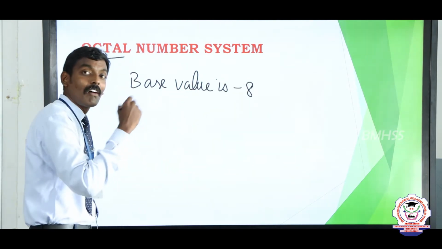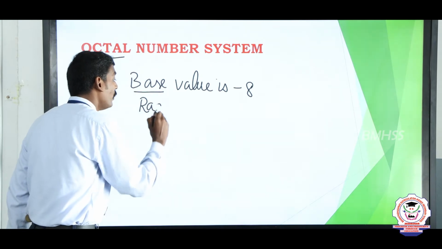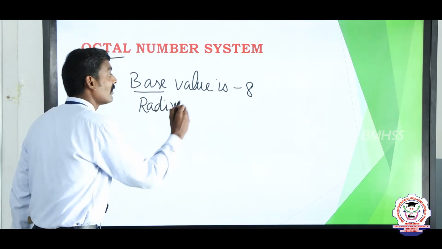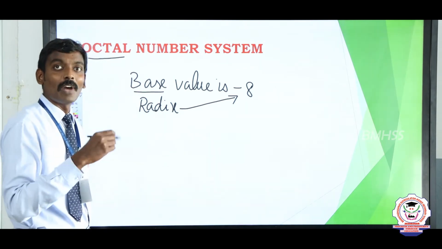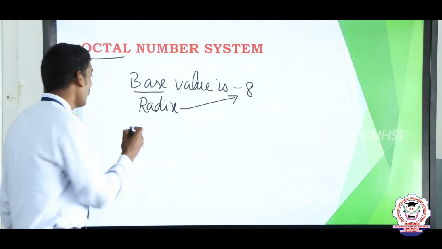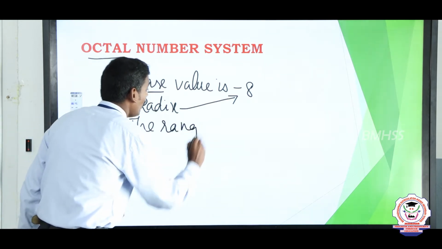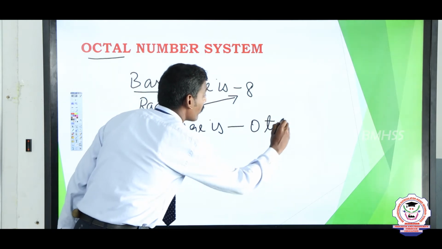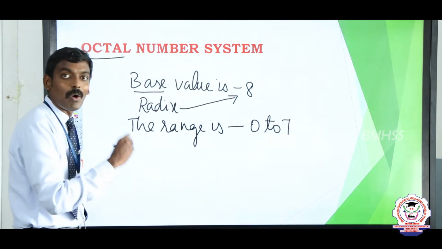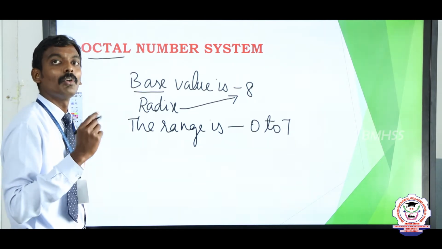The other name of base value is also called radix value. It refers to the same thing, that is 8. The base value is 8. Very simple. The range of the octal number system is 0 to 7. That means the octal number system consists of only 0 to 7.